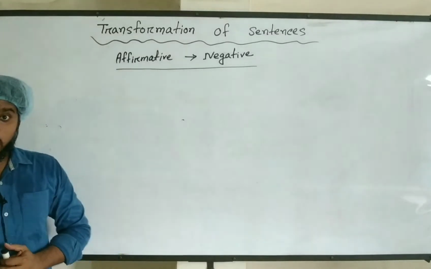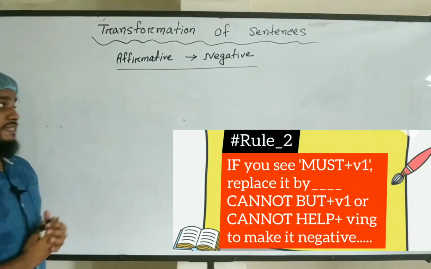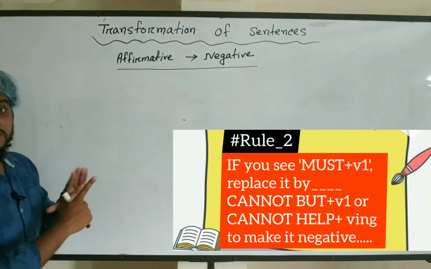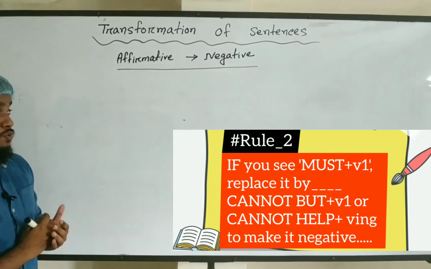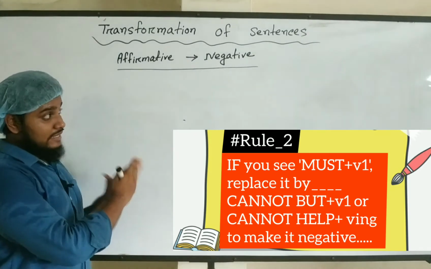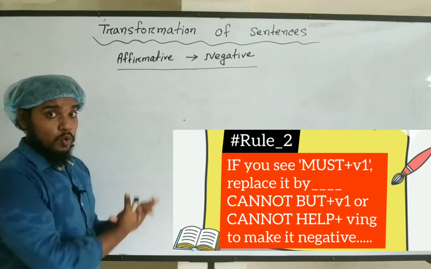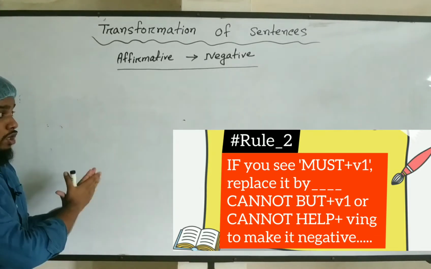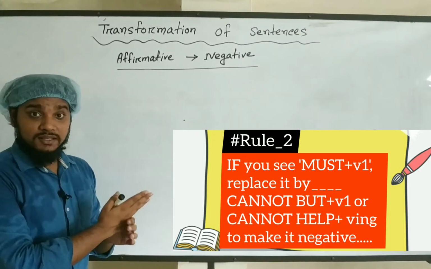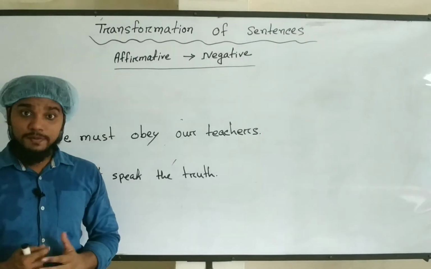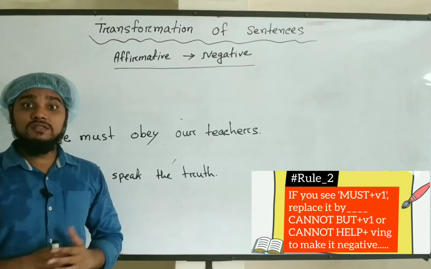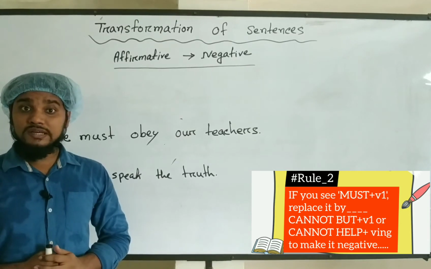Now the next rule. If you see must plus verb 1 in an affirmative sentence, you have to replace it by cannot but plus verb 1 or cannot help plus verb in the ing form. So let's have some examples to make the rule more clear to you.